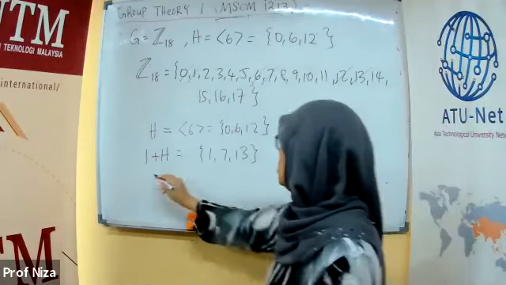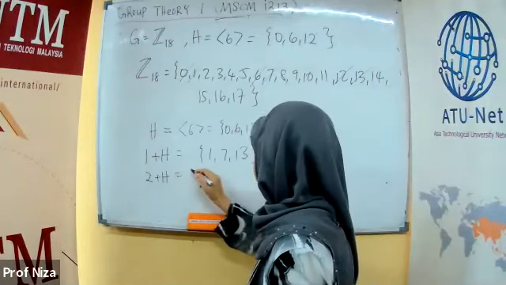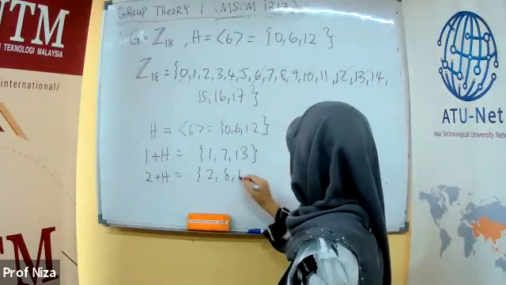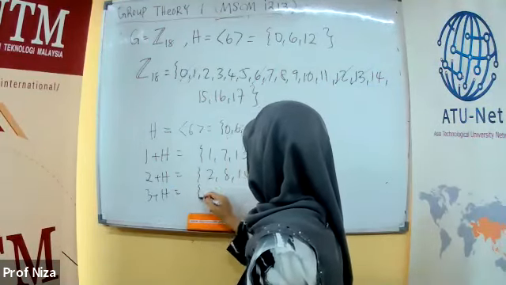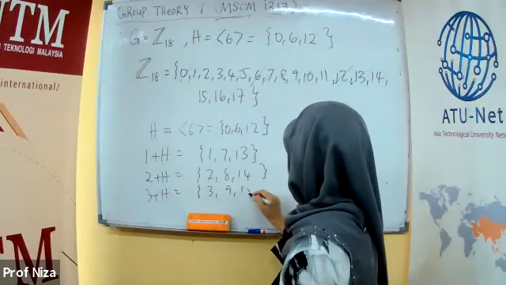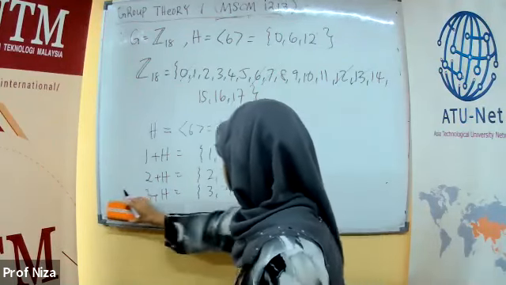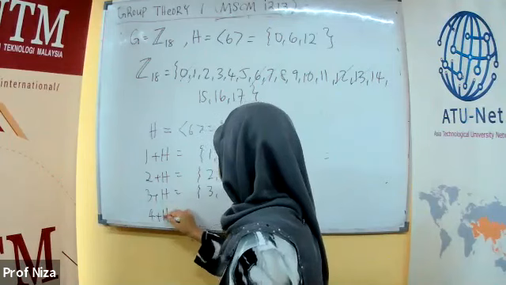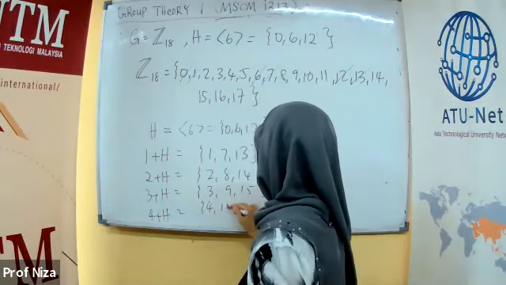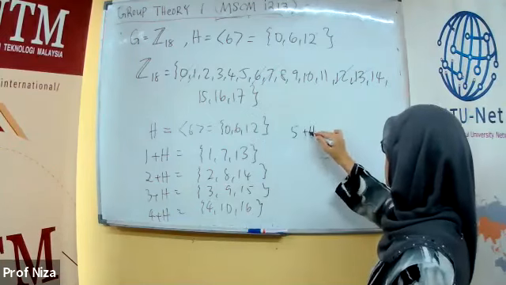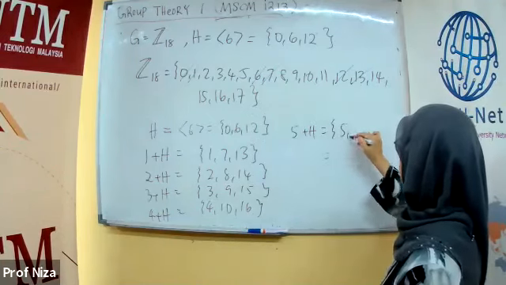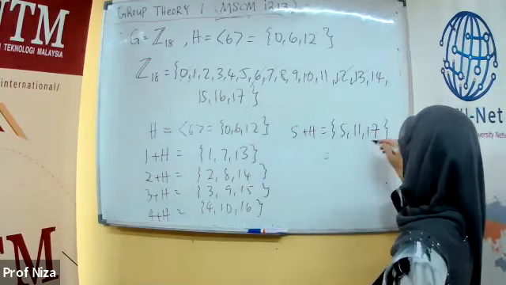So you will go 2 plus H, 2, 8, 14. 3 plus H, 3, 9, 15. 4 plus H, 4, 10, 16. 5 plus H, 5, 11, 17.